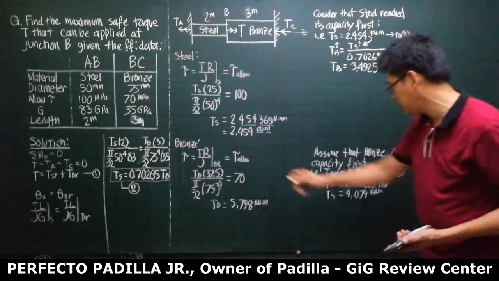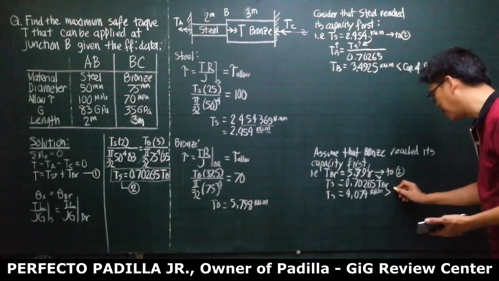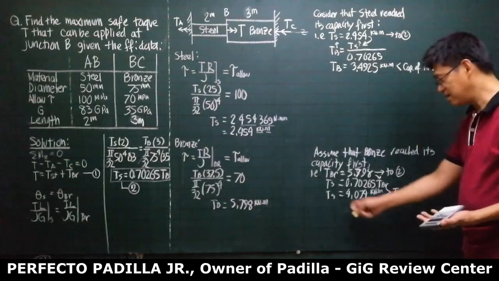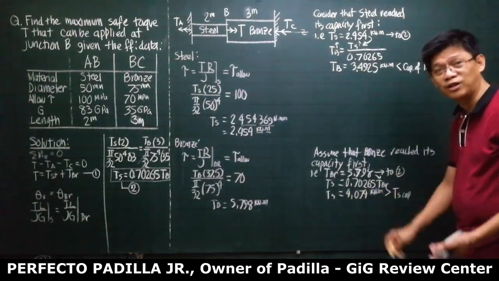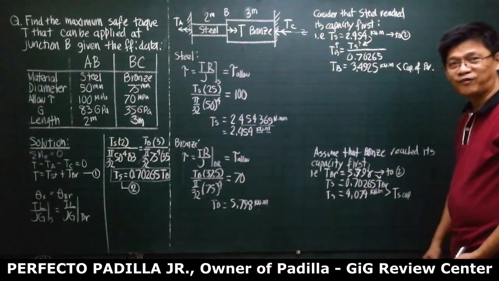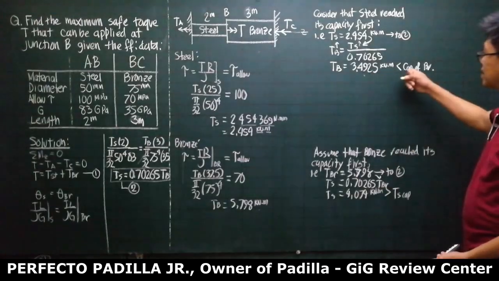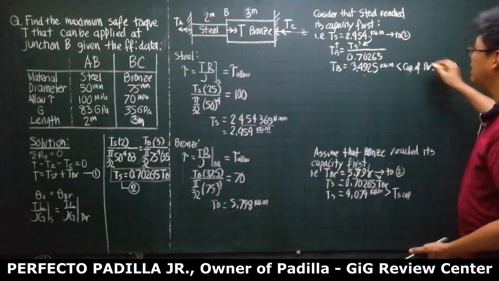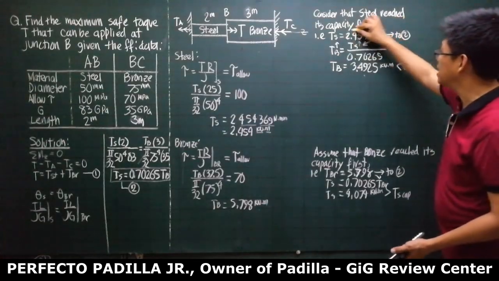That is already more than the T steel capacity, meaning this will already result in failure of steel. You follow? So the first case is less than the capacity of bronze, so this is safe, while steel is already at its critical level.